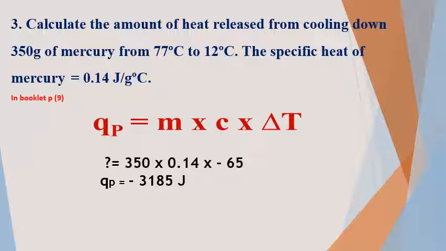This is the difference in temperature, and the value of the quantity of heat equals negative 3185 joule, and this indicates that this reaction is an exothermic reaction, as the quantity of heat here is a negative value. Exothermic reaction means there is heat energy released by the system to the surrounding.